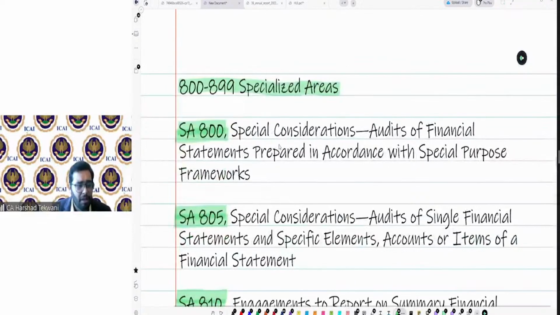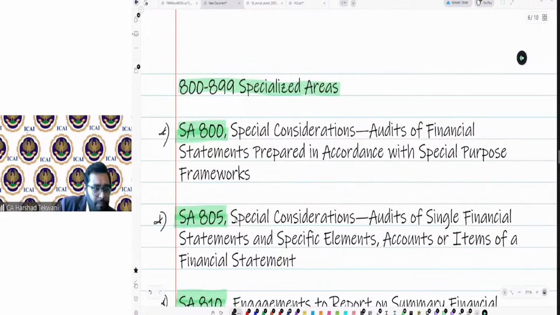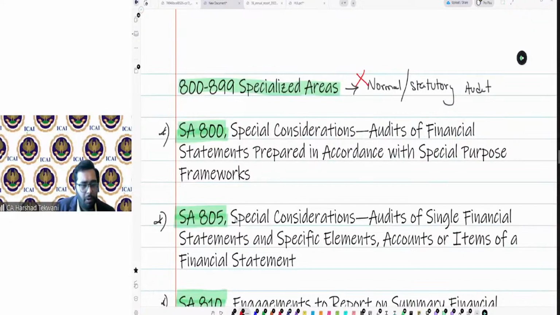Now, all three are applicable in specific cases. They are not applicable for the normal or statutory audit.